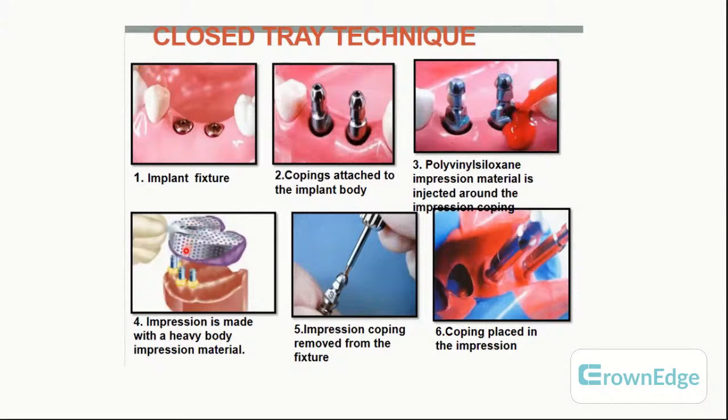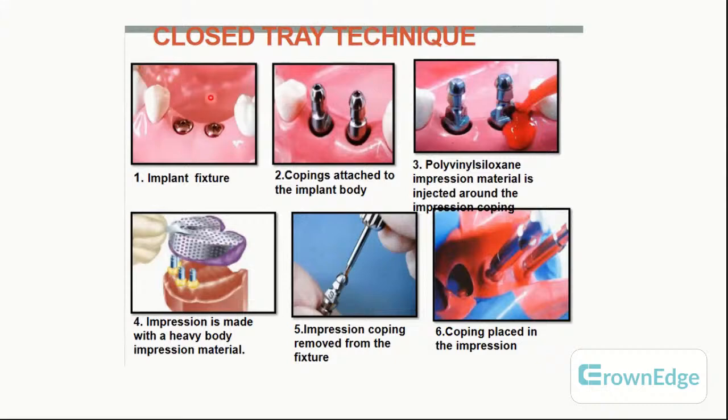Once you place the tray on top, it will record your impression coping. Remove the impression, you will see small holes inside the impression. So you unscrew the impression coping from the patient's mouth and you attach it into the impression. This is referred to as a closed tray technique.